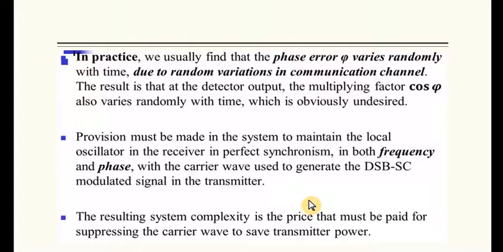Double sideband suppressed carrier solves the problem of the transmitted power by suppressing the carrier. But the price that we pay is what? It is the complexity of the design of the receiver, because the transmitter and the receiver should be in synchronism.